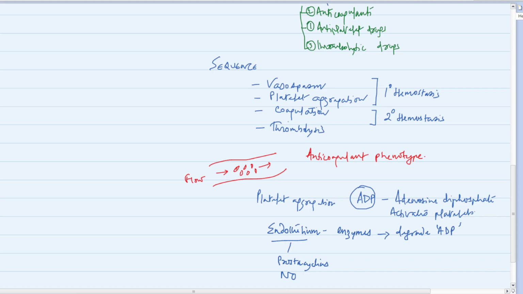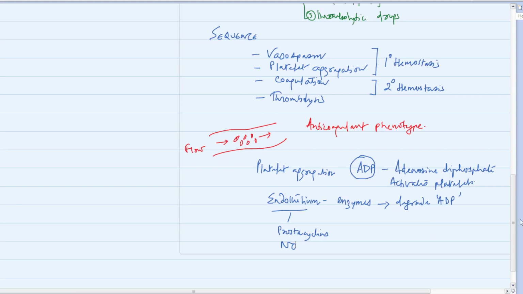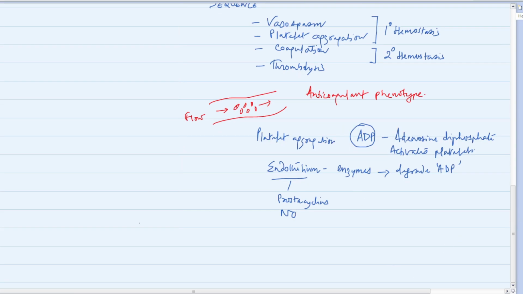Coagulation. So the endothelium produces a component called thrombomodulin, and it also produces certain chemical components like heparan sulfate and something similar to heparan sulfate, which is dermatan sulfate.